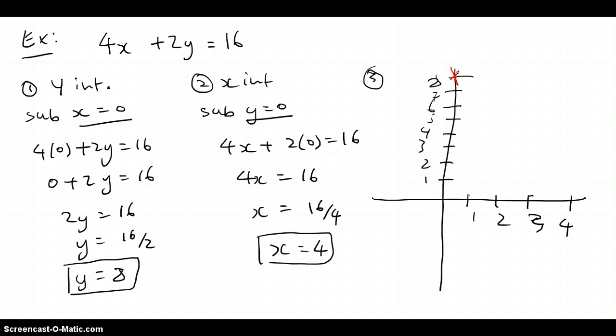So y is equal to 8 right here. The next step is, where does x equal 4? x is equal to 1, 2, 3, 4. So I've plotted those 2 points. What I can do now is sketch and join the lines from there. And I have managed to sketch 4x plus 2y is equal to 16 as a graph.